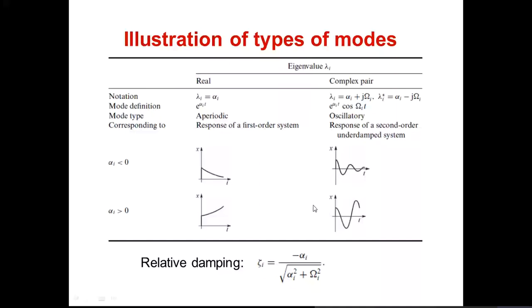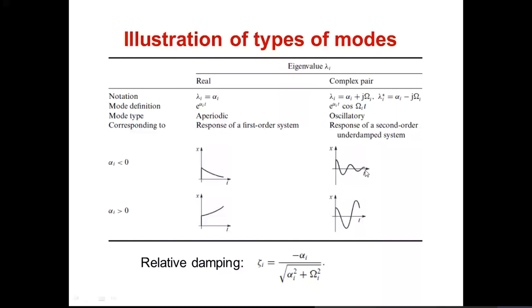Similarly, if you consider a complex eigenvalue, since it is associated with an oscillatory response, the response of the state variable associated with this complex eigenvalue will always have an oscillation. But again, depending upon the real component, it will be a damped, decaying one.